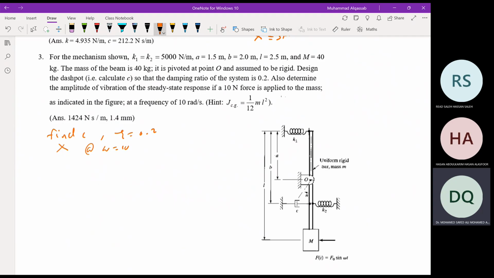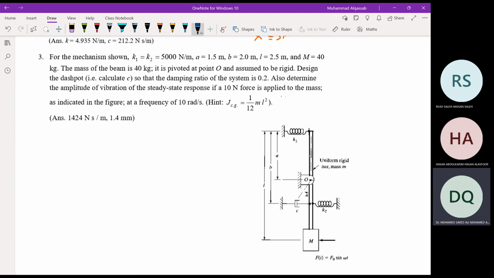We cannot answer those two questions if we don't put the equation of motion. This is not a spring mass system, so it does require derivation, which we already did.